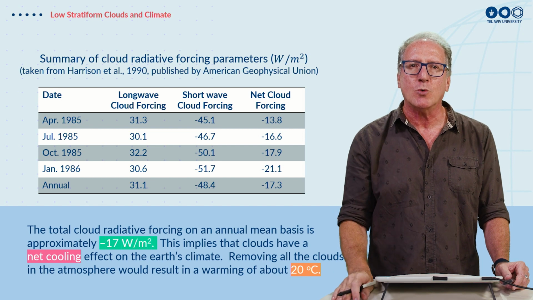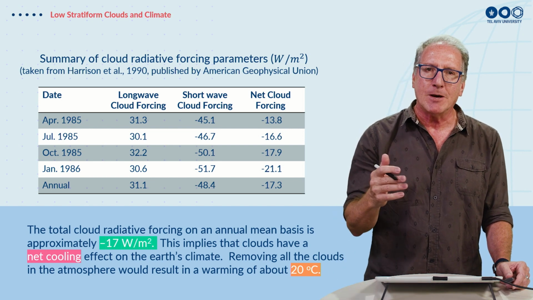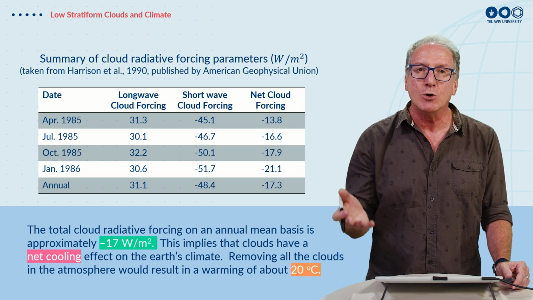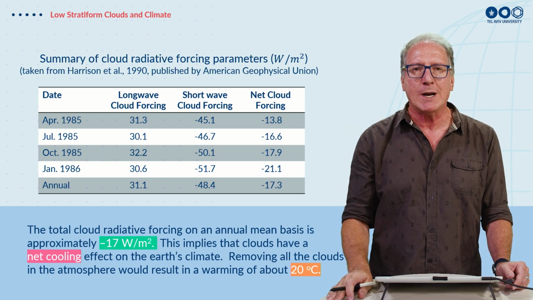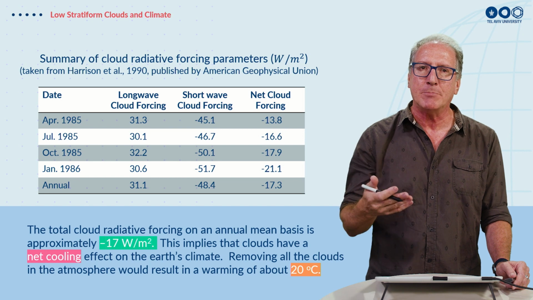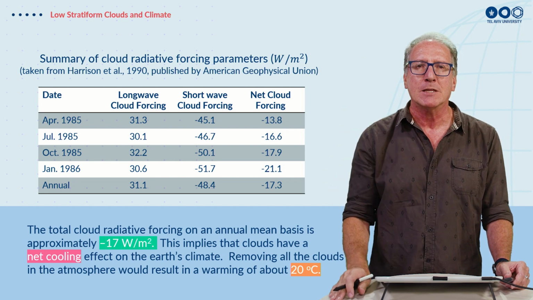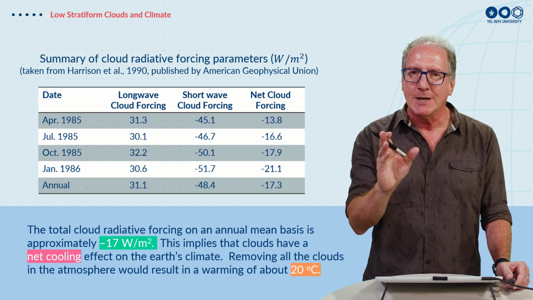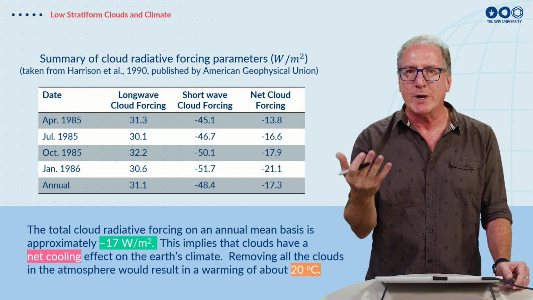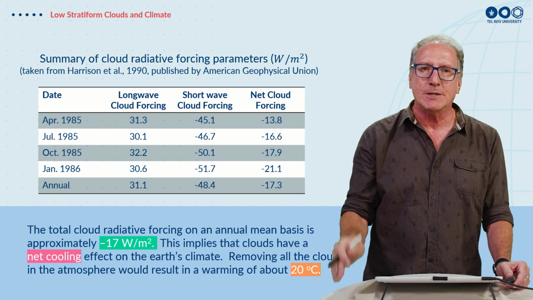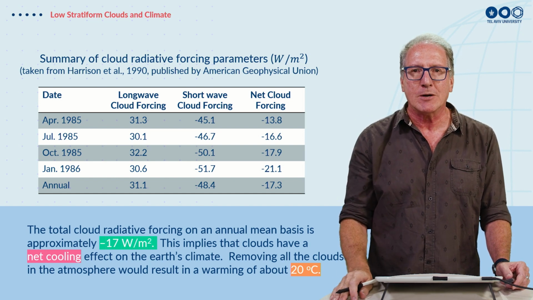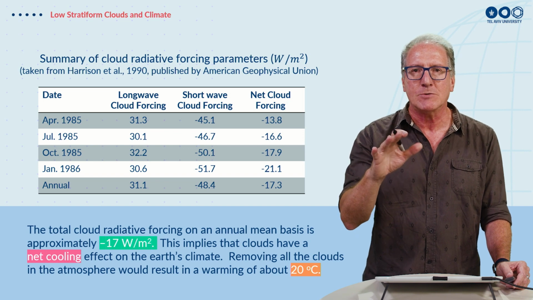But if we look at the shortwave forcing, these are negative numbers, minus 45, minus 50, minus 51, which means we're losing 50 to 51 watts per square meter because of the albedo effect, because we're reflecting the sunlight back to space. When we put these numbers together, we see that the negative shortwave cloud forcing is larger than the long wave cloud forcing, and the net cloud forcing is around about minus 13, minus 21.